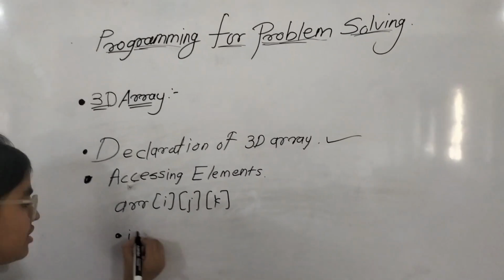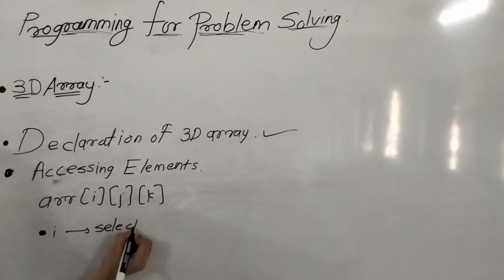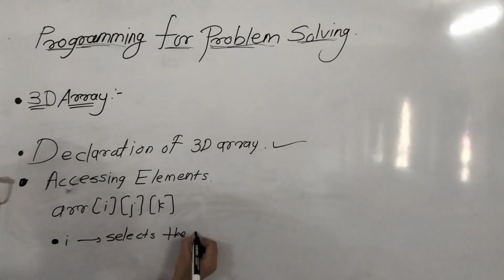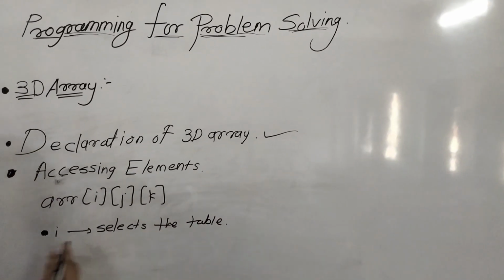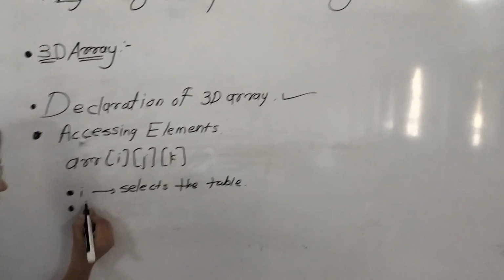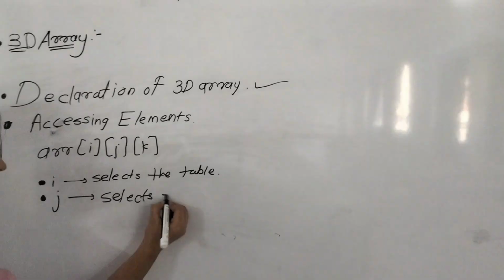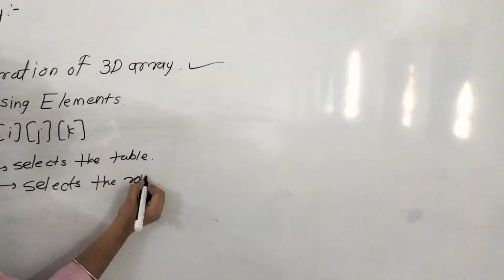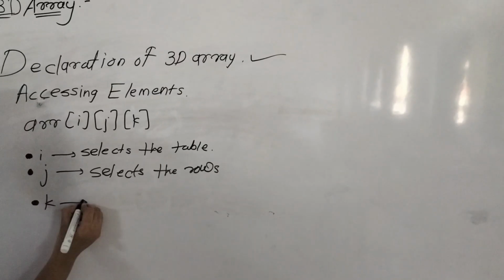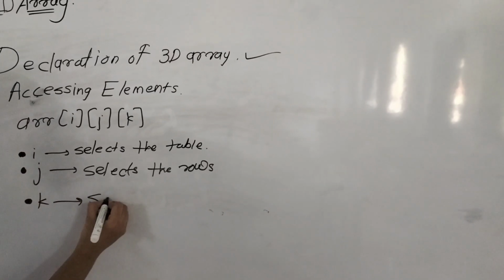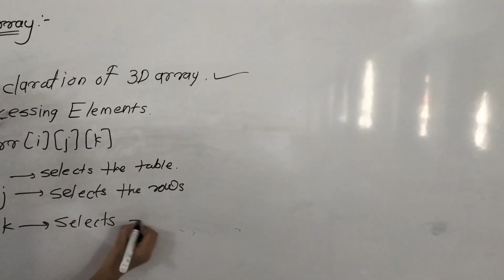First of all, i selects the table, and next j selects the row. And next is k. So we see k selects the columns.